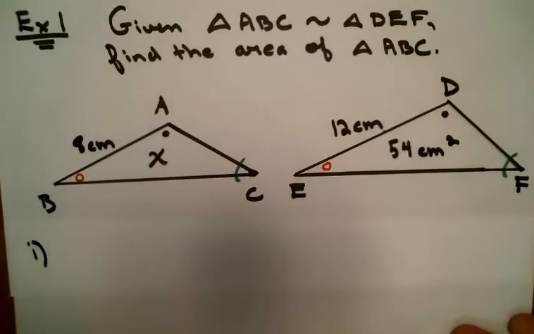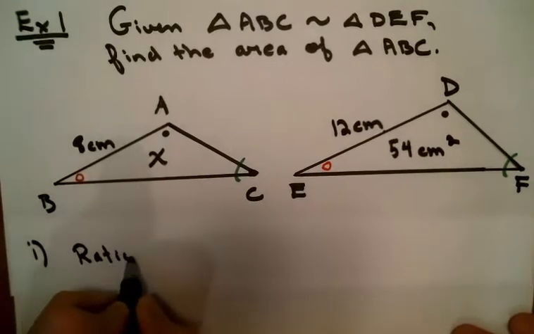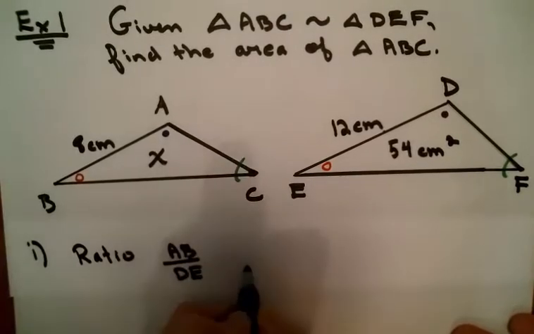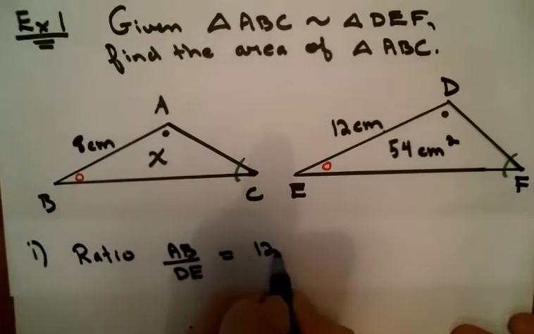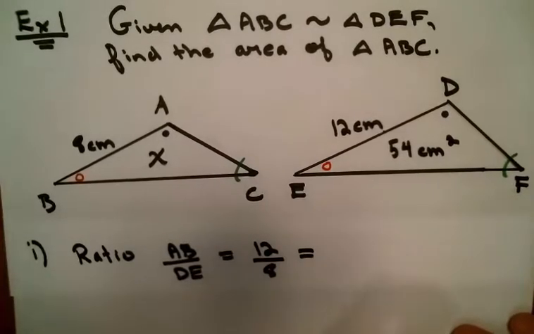Okay, so let's write that out. The ratio from AB to DE is 12/8.